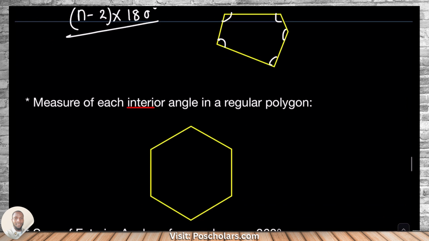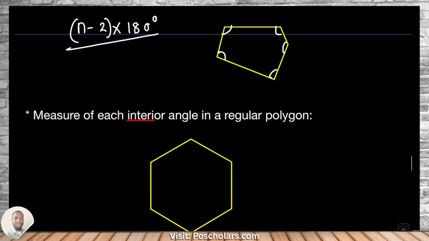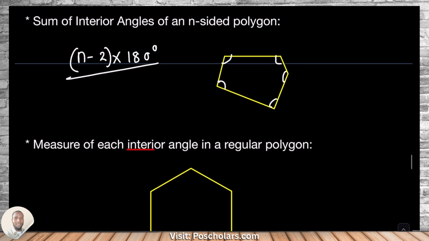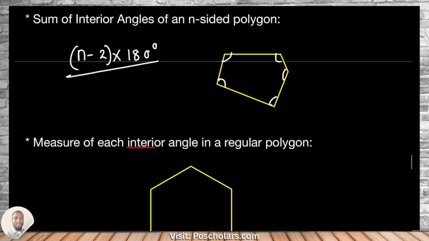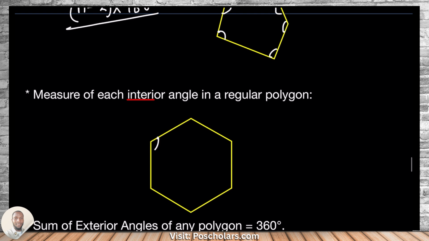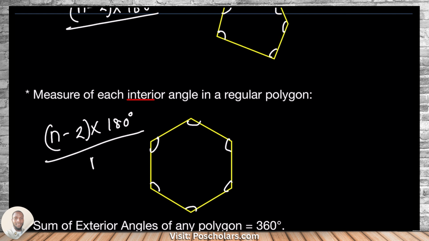Next, measure of each interior angle, right? So if the sum of angles of a regular polygon is n minus 2 times 180, what will now be the size of angle for each? What will be the size of angle for each, right? The size of angle for each will now be n minus 2 times 180 degrees over n, which is the number of sides, right?